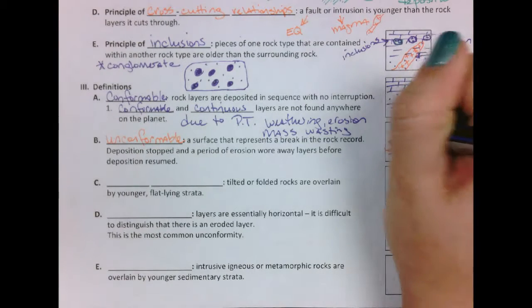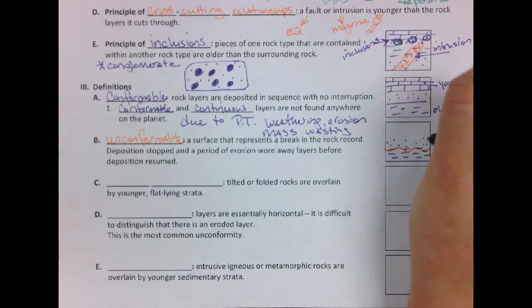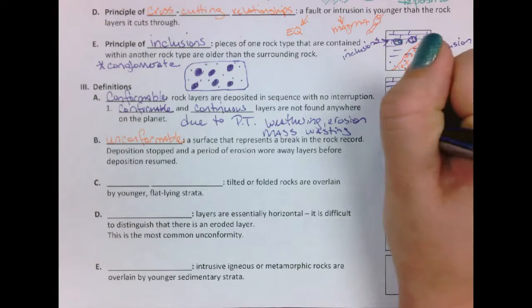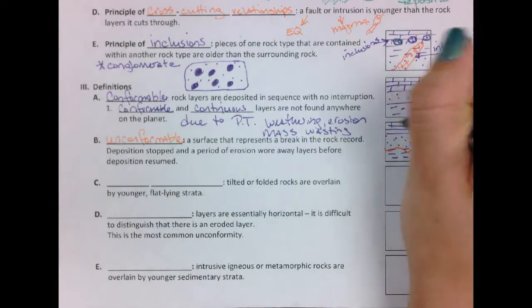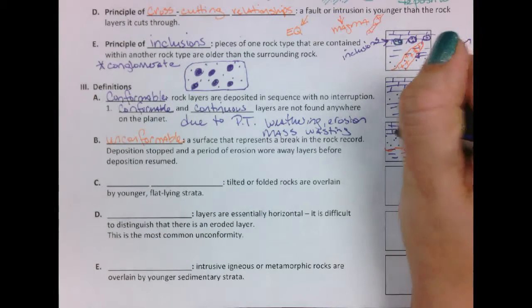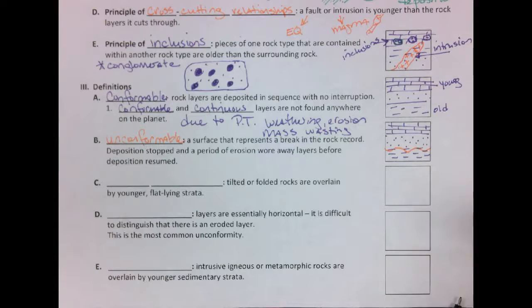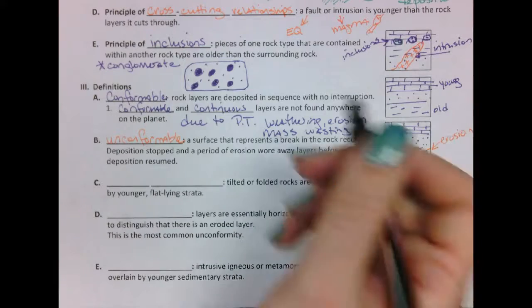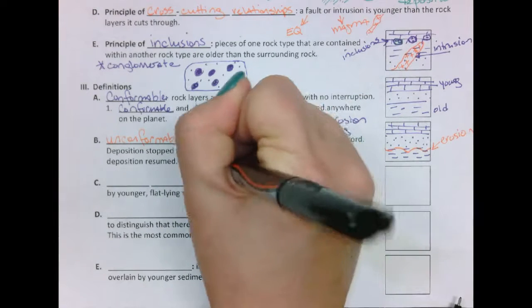And then the sand piled up, became lithified to be sandstone, and then eventually our limestone on top. That wavy line there, that's erosion. Erosion is an unconformity.